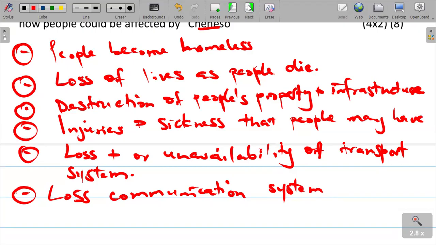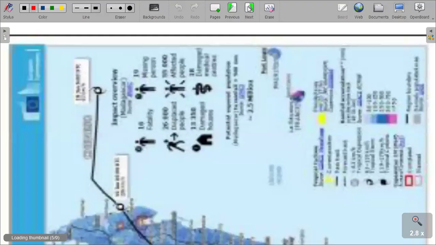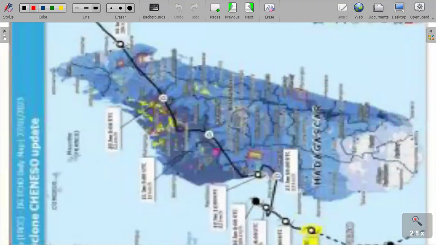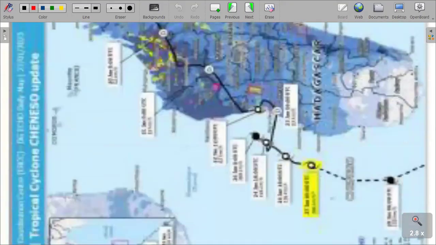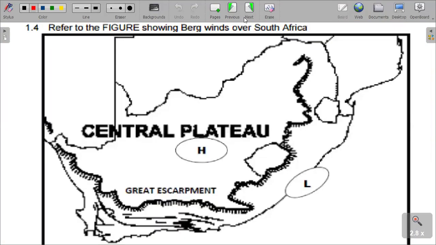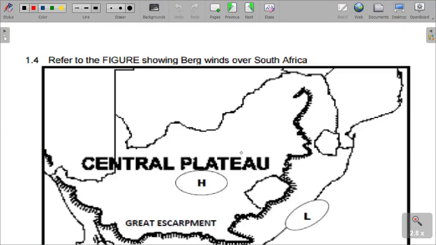And then we need to go to the next question, which gives such a photograph. I just attached it as it was also within our question paper. But let's just go to the next part of it. It says berg winds over South Africa.